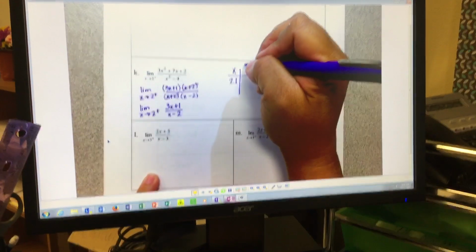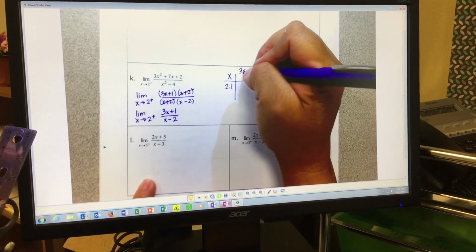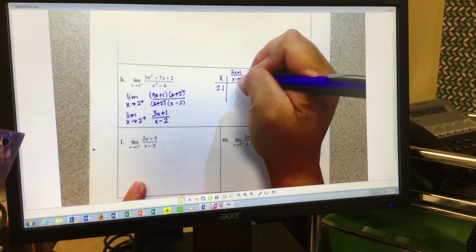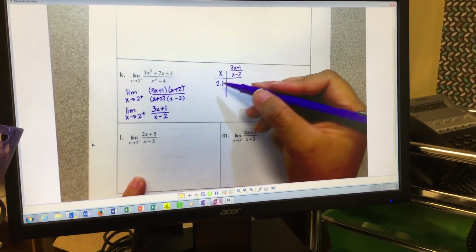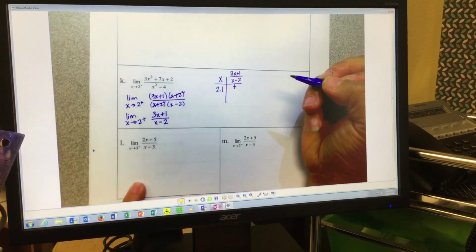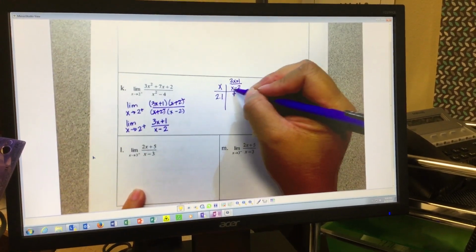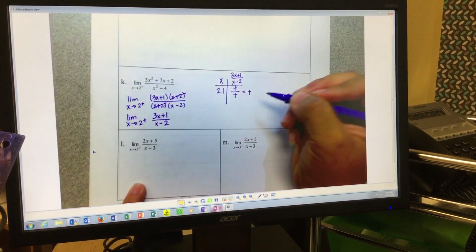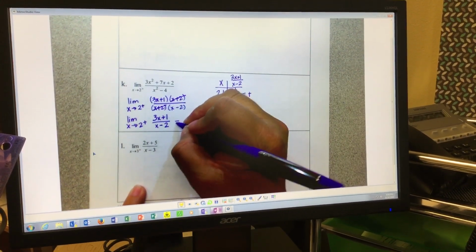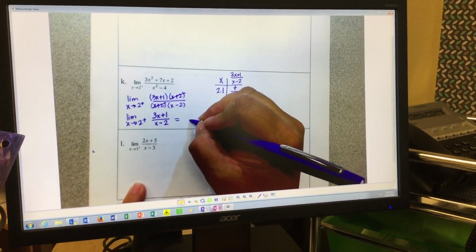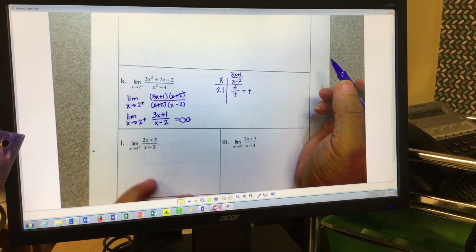Then we're going to plug that in. If I put 2.1 on the top, obviously the numerator is going to be positive. If I put 2.1 on the bottom, that's going to be positive, so therefore this is positive. And so the limit as x approaches 2 from the right of this rational equation is positive infinity.